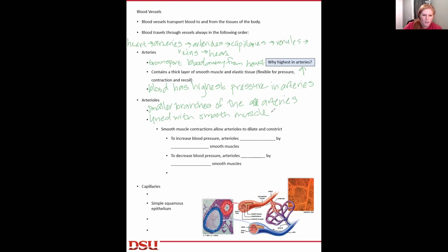Anyway. Okay, so smooth muscle contractions allow arterioles to dilate and constrict. So to increase blood pressure, the arterioles have to constrict, okay, by contracting the smooth muscles.